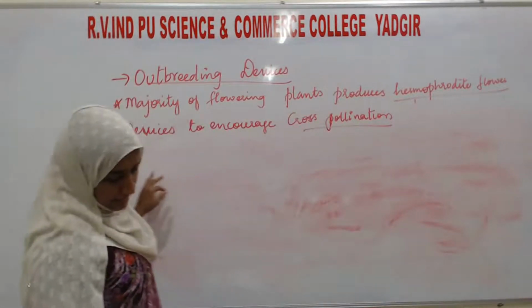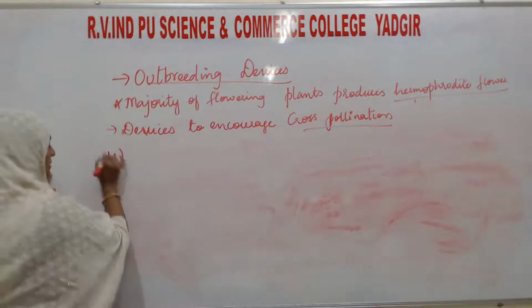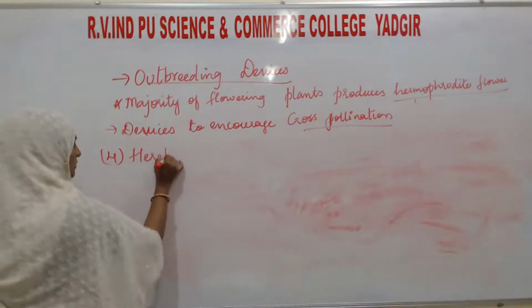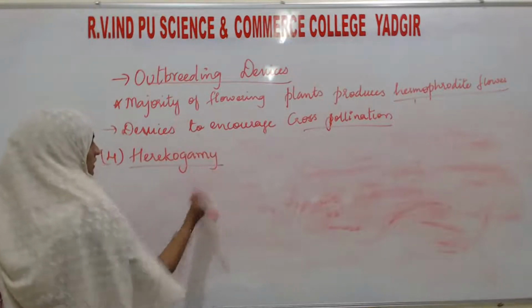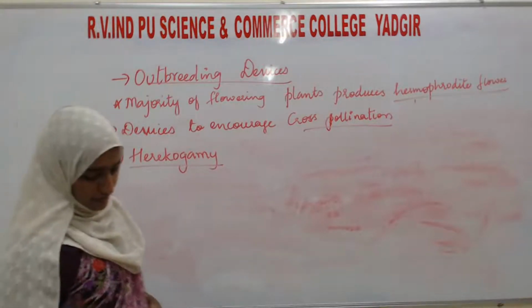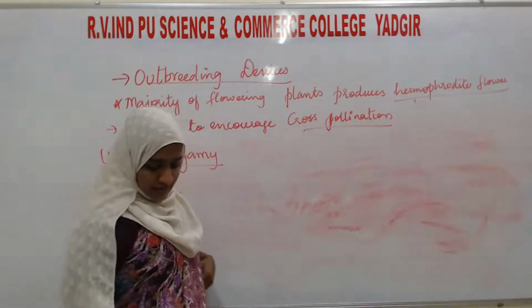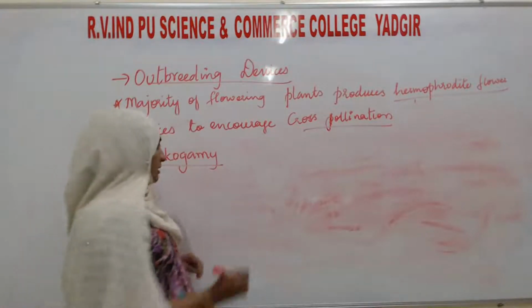Next, fourth device, helicogamet. Here, what do you mean by helicogamet? It is a flower with some mechanical barriers.